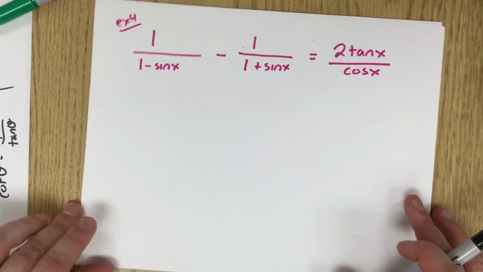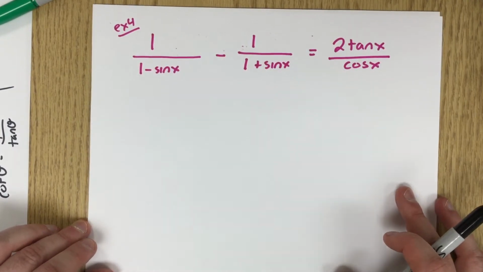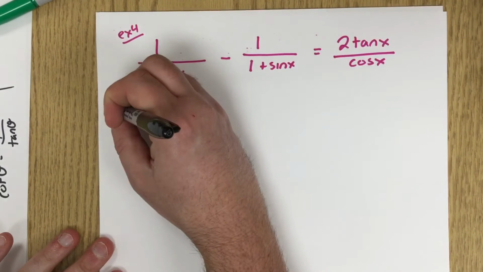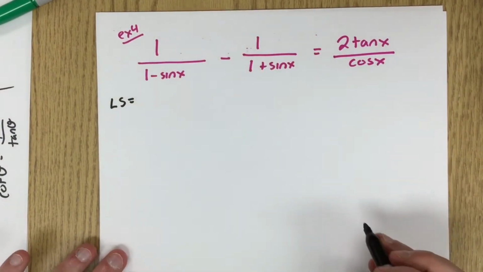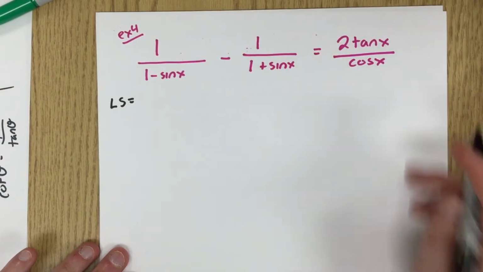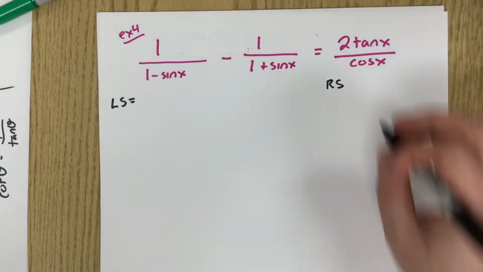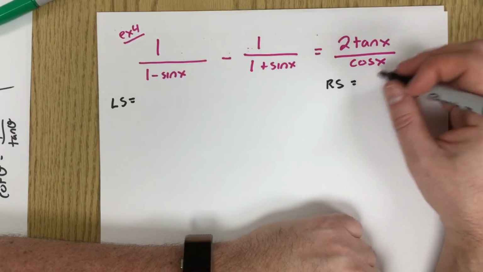Okay, this one over here. They're both kind of ugly. I'm going to work on the left side first. So what I want here is to make a common denominator. Actually, I'm going to work on both sides for this one. So I have a tangent there, and I kind of want to get rid of that tangent.